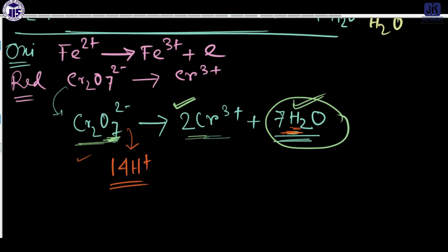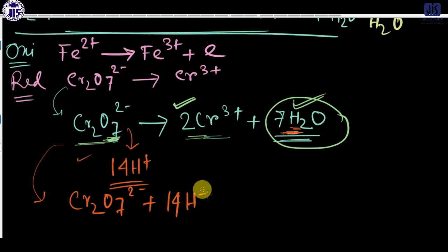Now for equalizing the charge on both sides, 6 electrons are to be added on the left side, because the charge should be the same. So the reaction becomes Cr2O7 2 minus plus 14 H plus plus 6 electrons going to 2 Cr3 plus plus 7 H2O. If you look at the oxidation number change, you will understand clearly why we add 6 electrons.